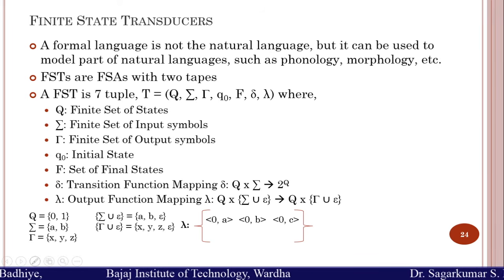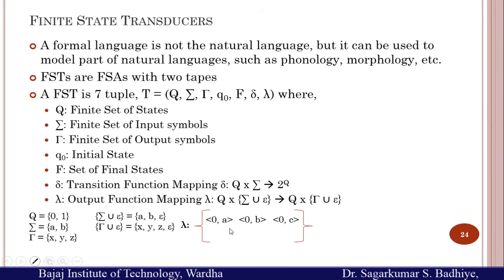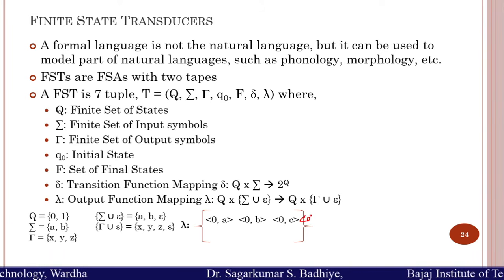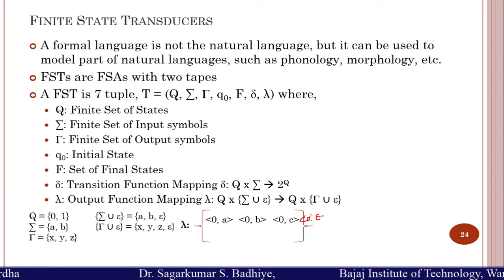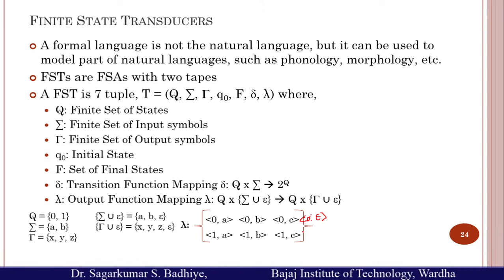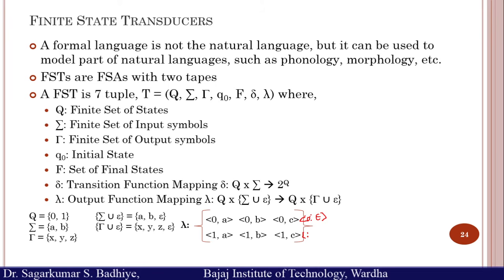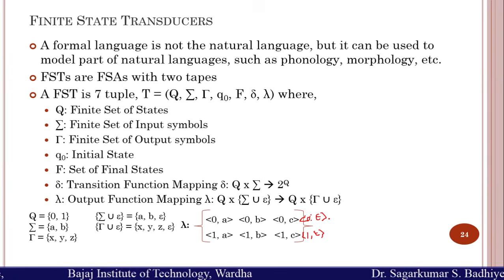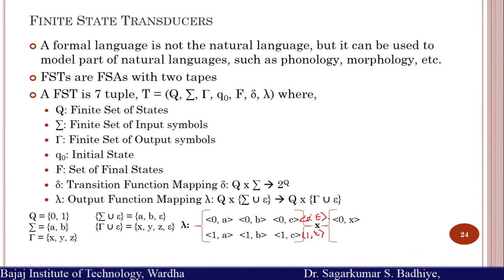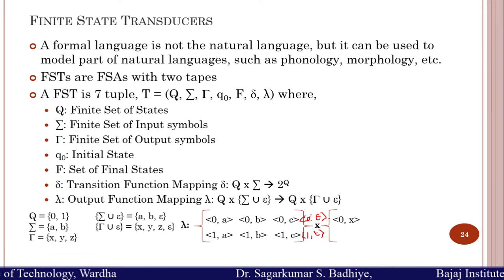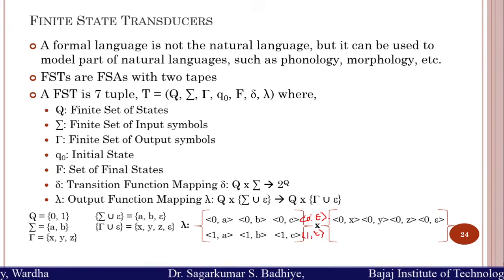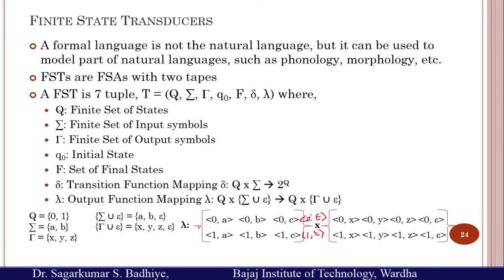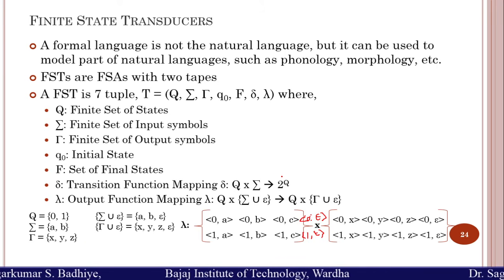Here we need to add an additional symbol, 0 comma epsilon, and there should be again 1 comma epsilon over here in this mapping. This is missing over here. Then the output mapping will produce 0 comma x, 0 comma y, 0 comma z, 0 comma epsilon, and 1 comma x, 1 comma y, 1 comma z, and 1 comma epsilon. So this is the output function mapping represented by the finite state transducers.